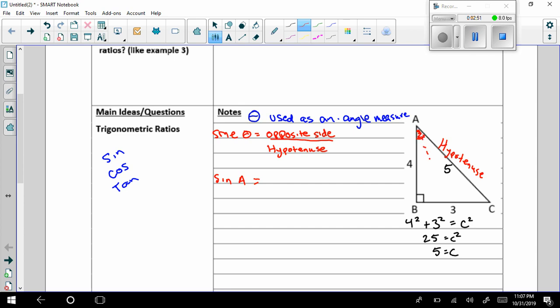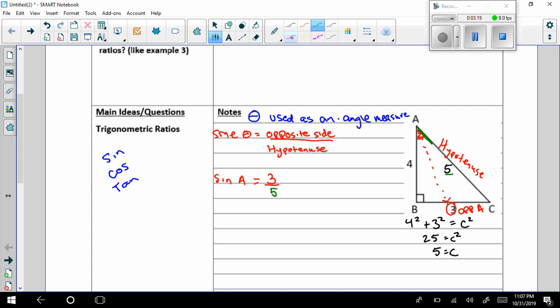So if A is your angle of interest, across from that or opposite that is the 3. Okay, so opposite side over the hypotenuse. Your hypotenuse never changes. It's your longest side, so our hypotenuse in this case is 5.